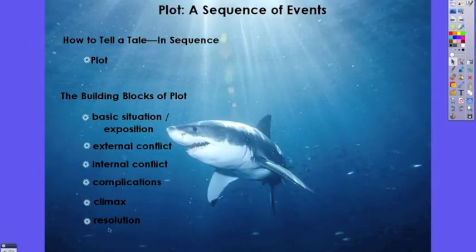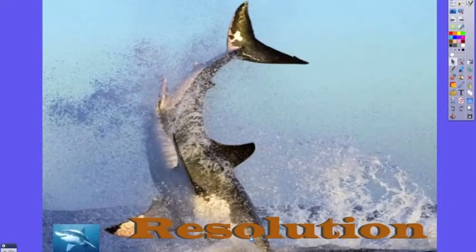Next, or I should say last, we have the resolution. Again, like with our shark, it was as high as it was going to go, and now it's crashing back into the ocean. This is the resolution. This is the end. It's done. Now notice, and I don't have it written here, but in going from the climax to the resolution, we have what we call falling action.